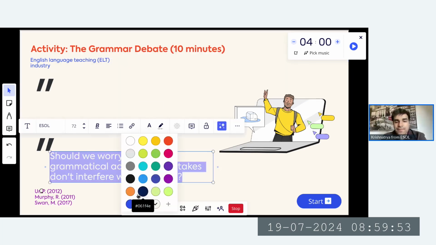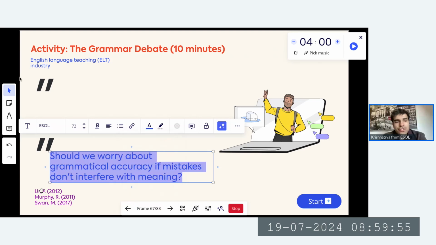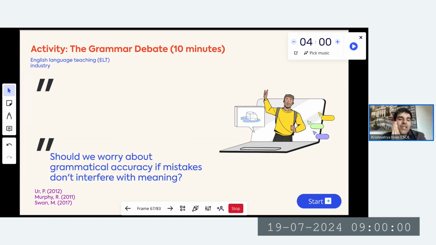This is the debate. Should, as teachers, we worry about grammatical accuracy if mistakes don't interfere with meaning? Listen to the sentence once again. Should we, as teachers of English, worry about grammatical accuracy if mistakes don't interfere with meaning?